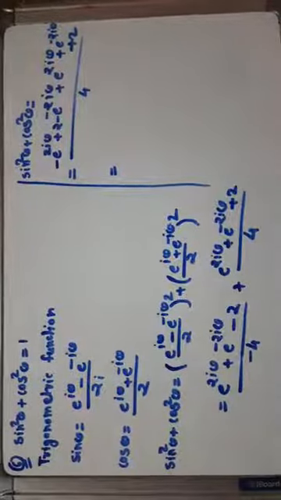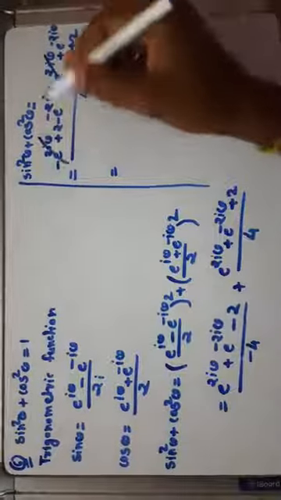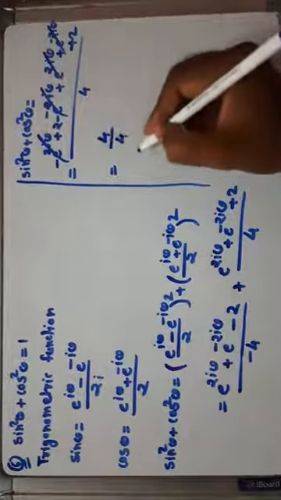See here, this gets cancelled, this gets cancelled, and this means 4 divided by 4 is equal to 1.